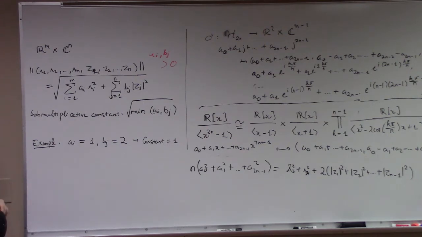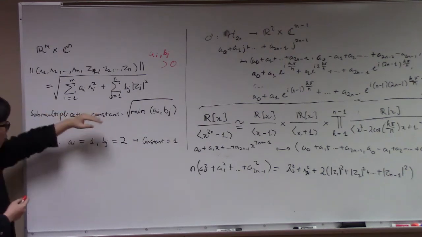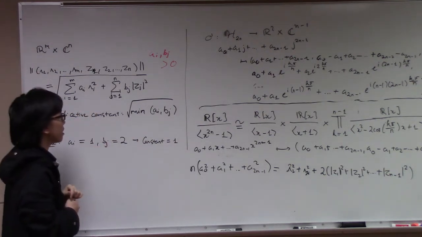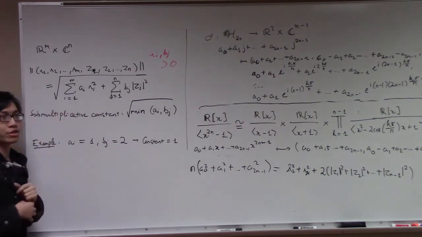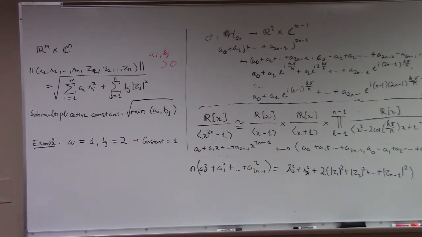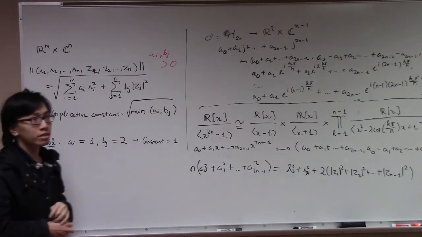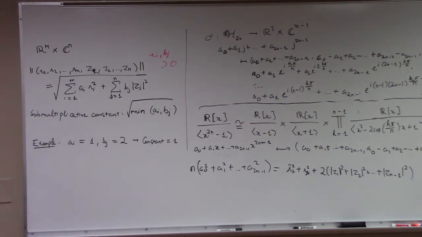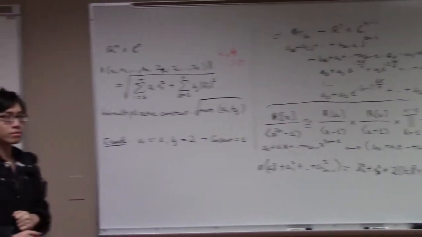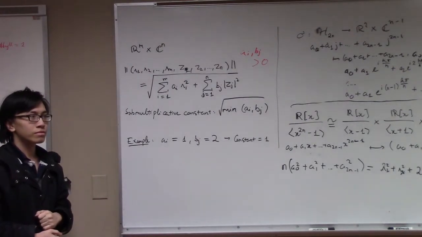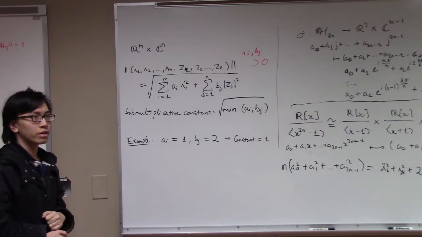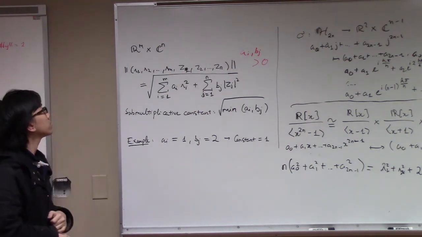So the submultiplicative constant of this norm should be the square root of the minimum of all A_i and B_j. Typically we work with just the regular Euclidean norms in R^m and R^n. Yeah, so in that context, the A's and the B's are all 1.